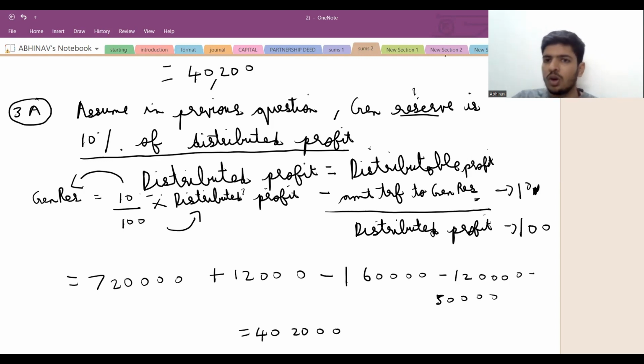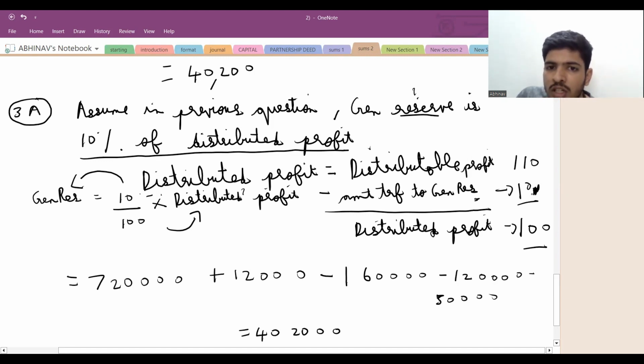Done. Now, look at this formula. Here it clearly says distributable profit minus amount transferred to general reserve is distributed profit. If distributed profit is 100 and general reserve is 10, to complete this formula, what is distributable profit? It's 110, right? If this is 10 and this is 100, this plus this will be equal to this.